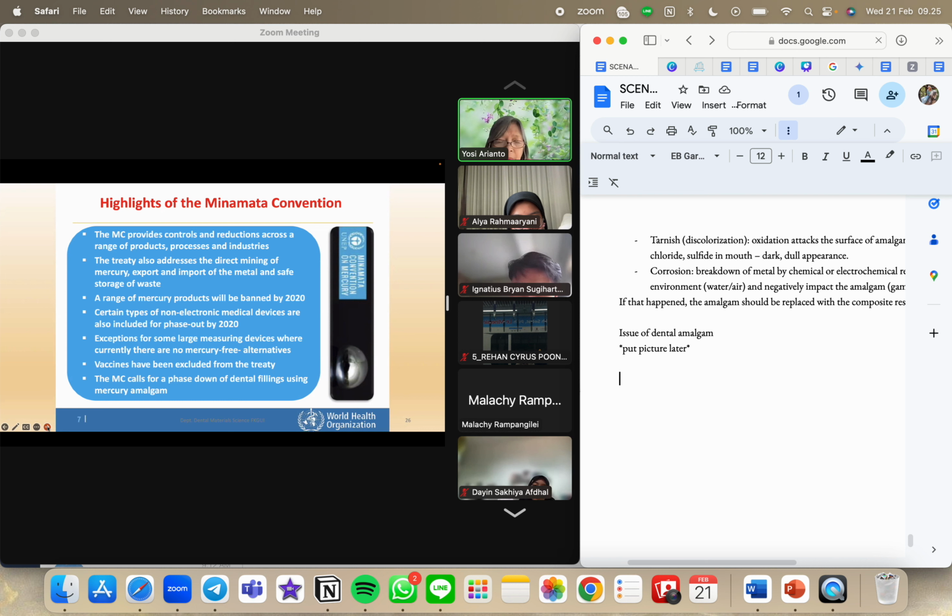The Minamata Convention calls for a phase down of dental filling using amalgam. Some dentists, maybe in a remote area, may still use it because it is a very long-lasting material in the mouth.